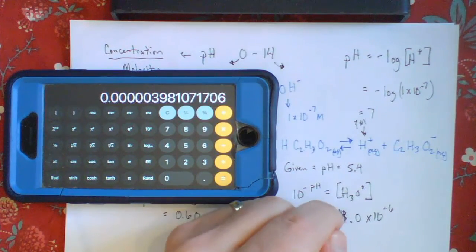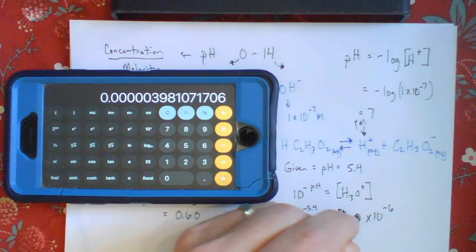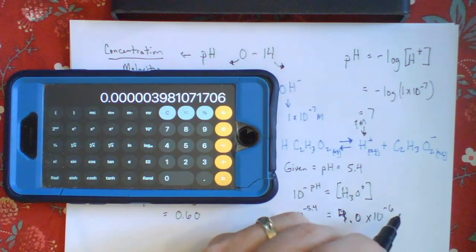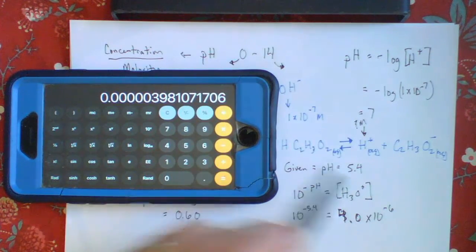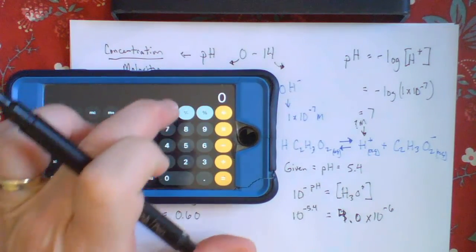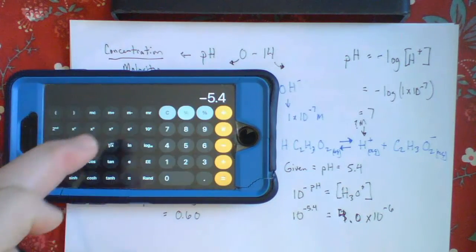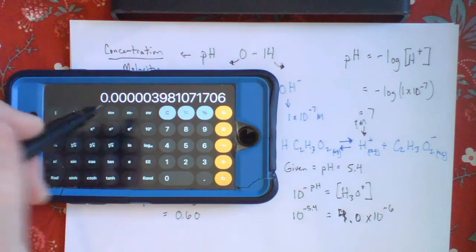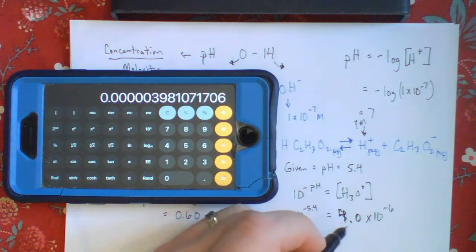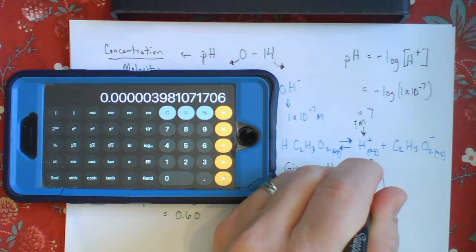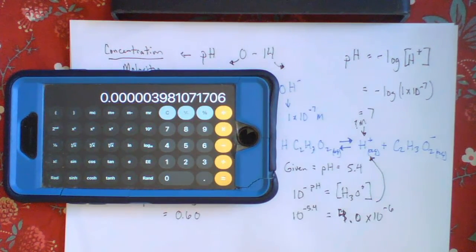Okay, so 4.0 times 10 to the negative 6 would be our concentration. I just want to double check to make sure I got that. So 5.4 negative 10 to the x. Yep. So that's how we would figure out that concentration. So that's the concentration of those hydrogen ions.